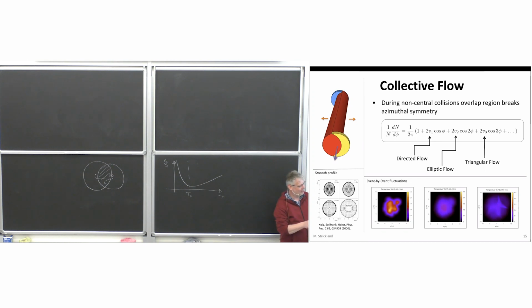You have to sample the positions of the nuclei and you get some fluctuating initial condition. You have to run this code 1,000 times now, because every time you do the nucleus-nucleus collision, you get a different initial condition. And because of these fluctuations in the position of the collision points, you can start inducing V3, V4, V5, V6, and so on.